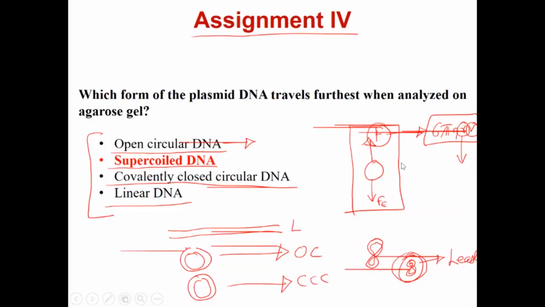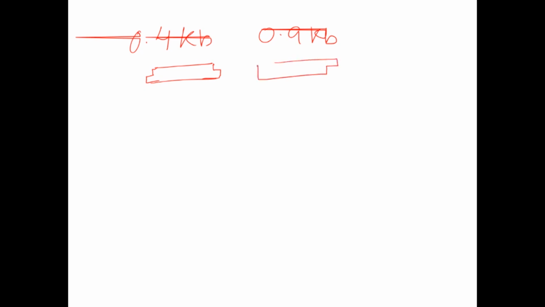Let me explain in detail. Let us go to the PowerPoint. So, you have two fragments, one is 0.4 kb, the other one is 0.9 kb. Now, you can imagine that both these fragments have the cohesive ends of the same BamHI.